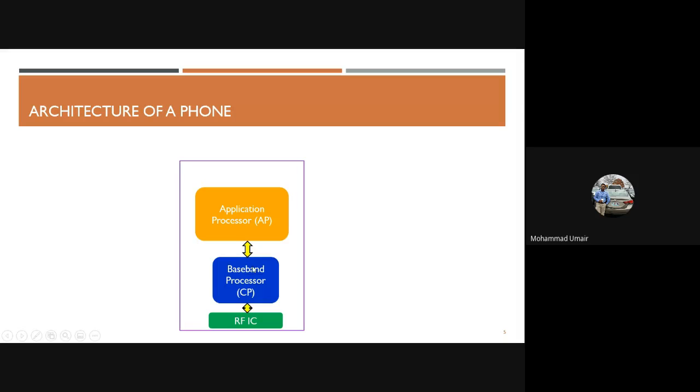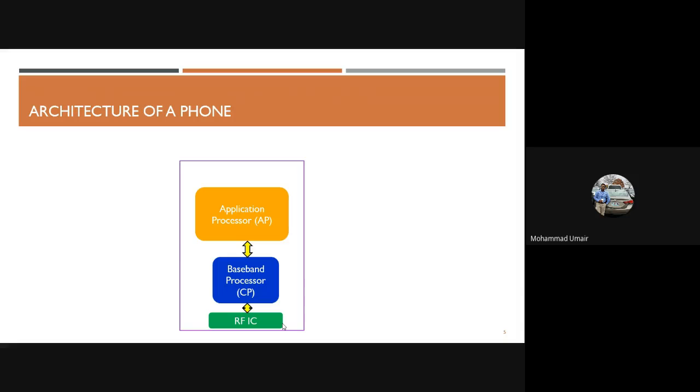And finally, the third thing is an RFIC. A baseband processor has a lot of things to do and is too occupied to control the antenna and do the actual transmission.